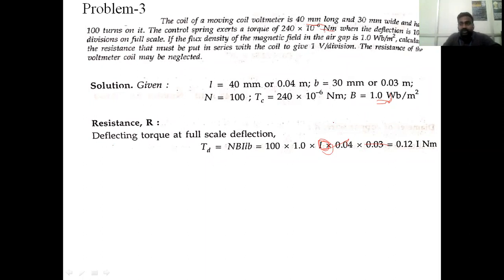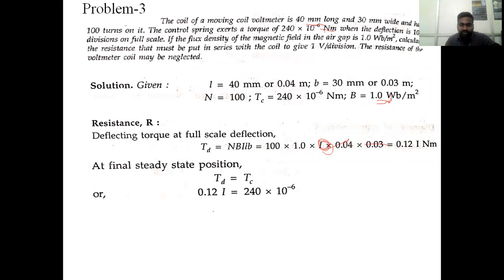In order to calculate that, I equalized the controlling torque to the deflection torque. So what will be the current flowing here? How much current will flow through this thing?